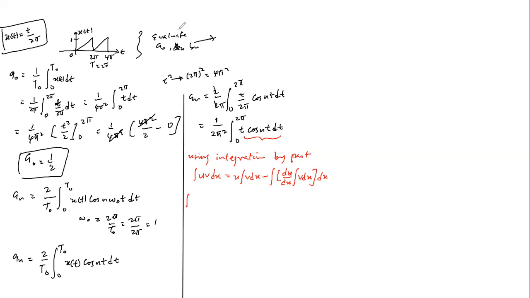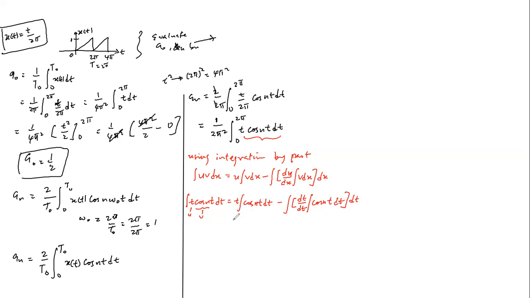The integral of t cos nt dt: u is t, v is cos nt dt, minus the integral. Here u is t, so du will be dt, and then v is cos nt, then dt.